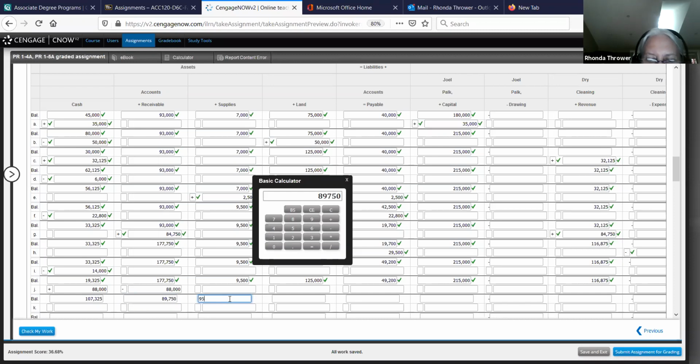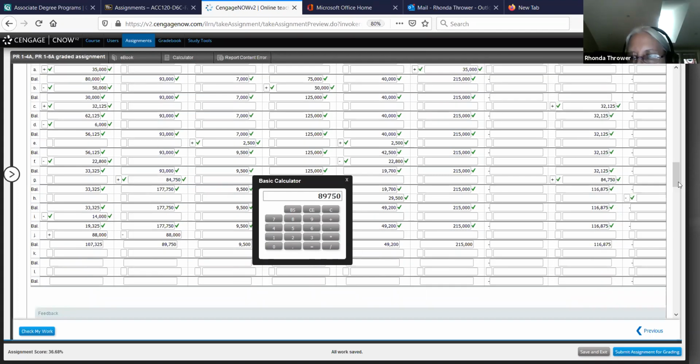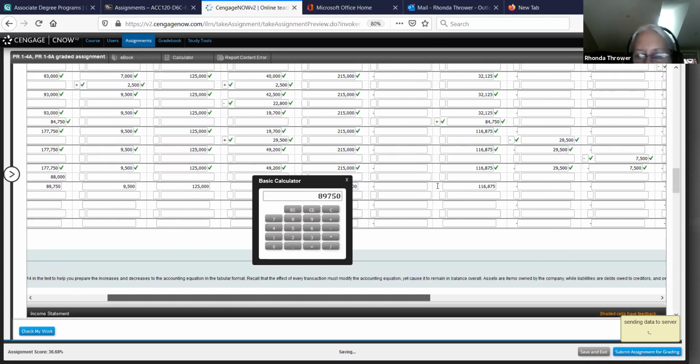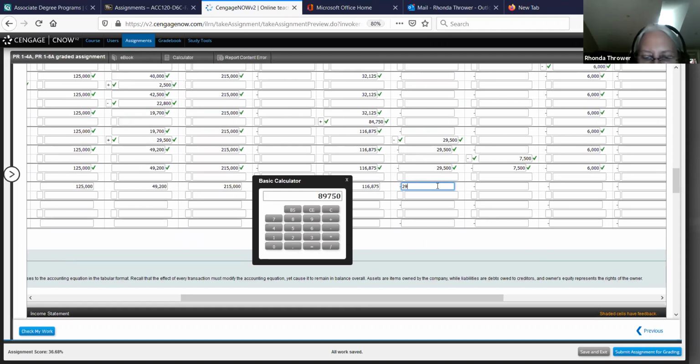Then we bring down our balances. And then I'm going to scroll over again to finish bringing those balances down.